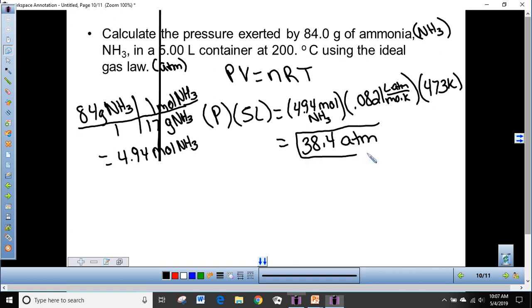So if this ammonia, that's 84 grams of ammonia sitting at 200 degrees, were ideal, it should be having a pressure of 38.4 atmospheres. So we're about to see how far it's deviating, because its temperature is not in an ideal situation. And because it's hotter, that's why it's deviating.